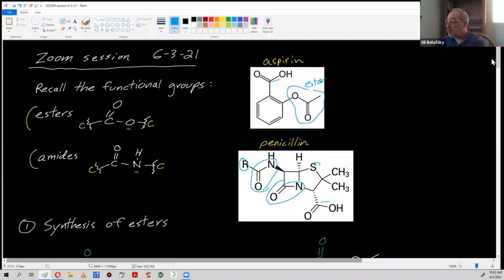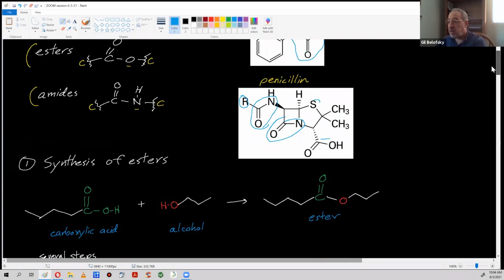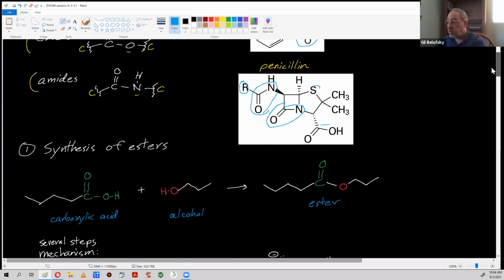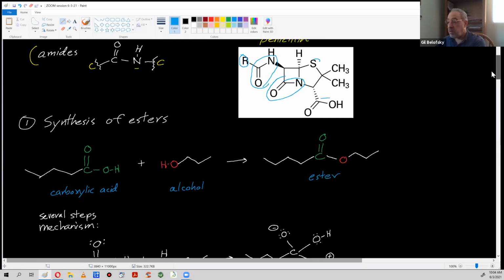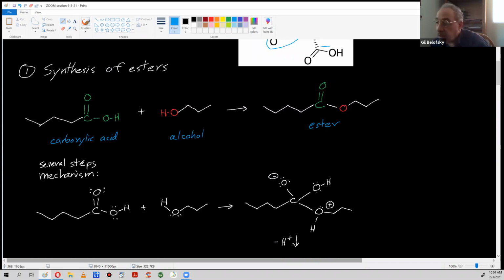So clearly it's important to be able to synthesize compounds that contain esters and amides. They're among some of the most important drugs, as you see, and other compounds in nature. And so I've decided to focus on just that aspect of it for this final unit, and the synthesis of esters to begin with. We can make esters from a carboxylic acid, again, functional groups, right?